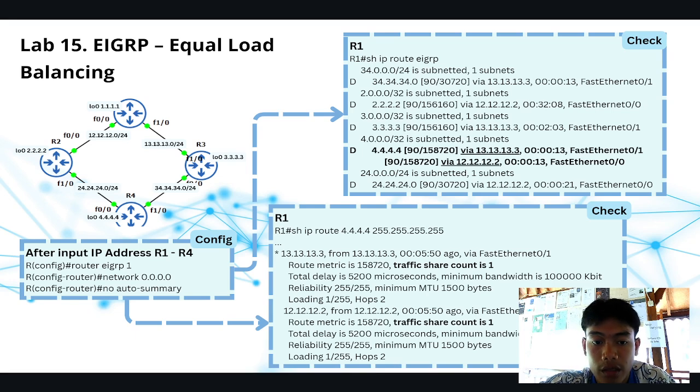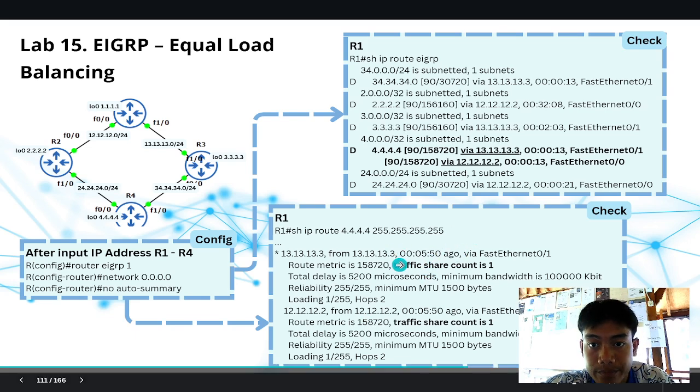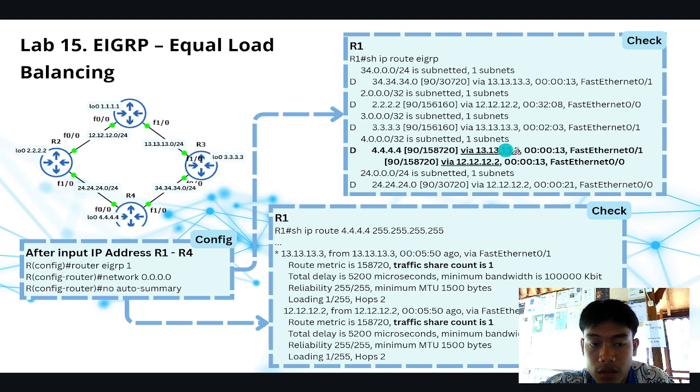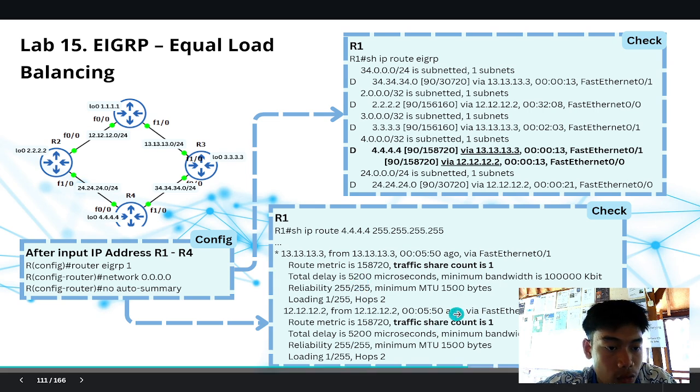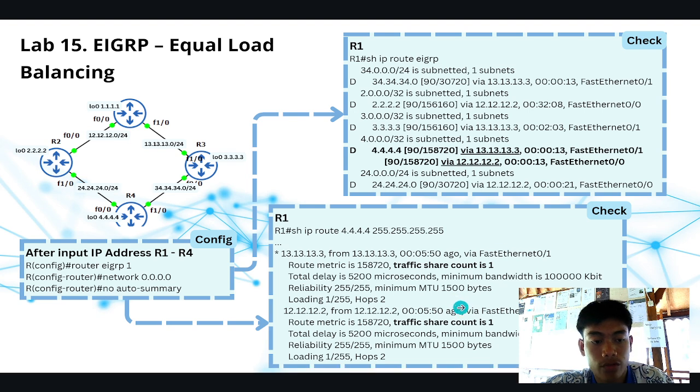So in show ip route 4.4.4.4, path 1 is via router 3, 1-3-4, and path 2 is 1-2-4, and both paths have the same metric 158720. EIGRP balances traffic across the two links equally.